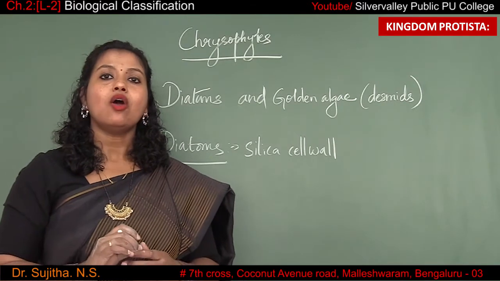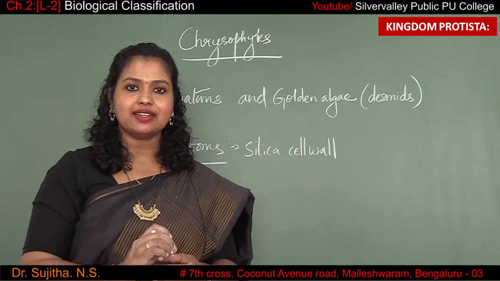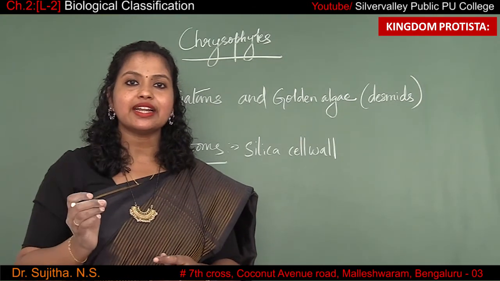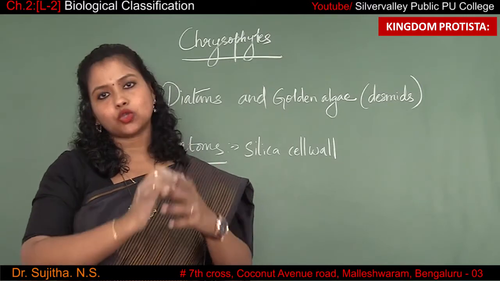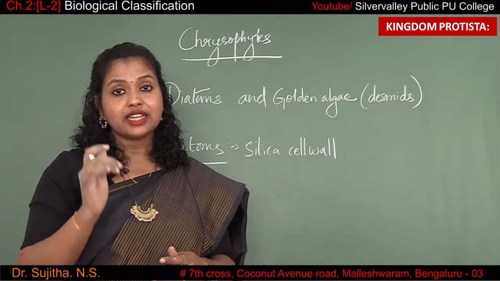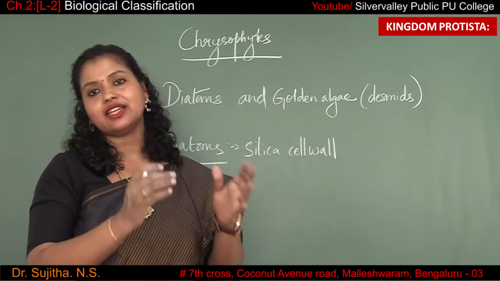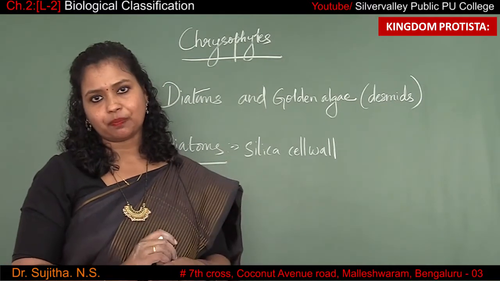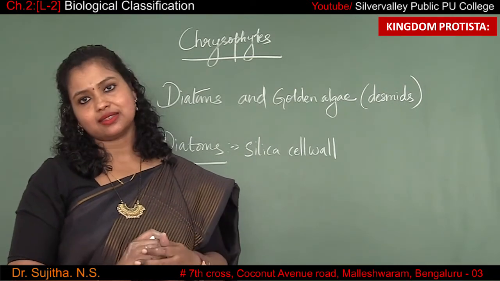Diatomaceous earth means all the fossilized cell walls of these diatoms. They do not get degraded, as a result of which they keep on heaping up in the ocean. Since the degradation is very slow, it keeps on accumulating at the bottom of the ocean, and therefore they have given the name diatomaceous earth.